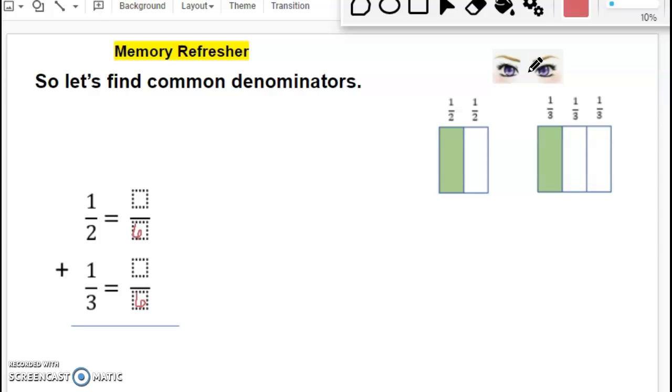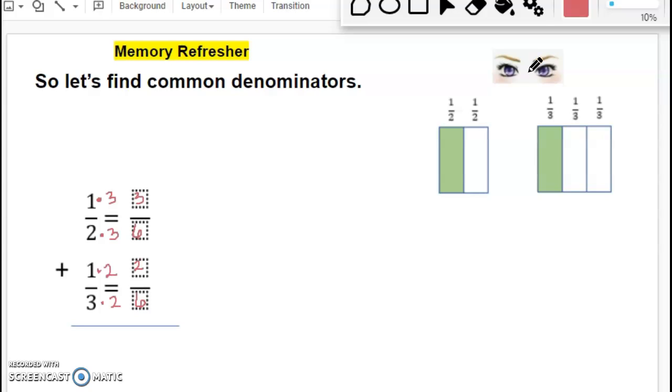Well, let's see. How do I get from 2 to 6? Well, I multiply by 3, and I'm going to do the same thing here. Whatever I do to the denominator, I have to do to the numerator. So 1 times 3 is 3. Now I have 3 times 2 will give me 6, and 1 times 2 will give me 2.